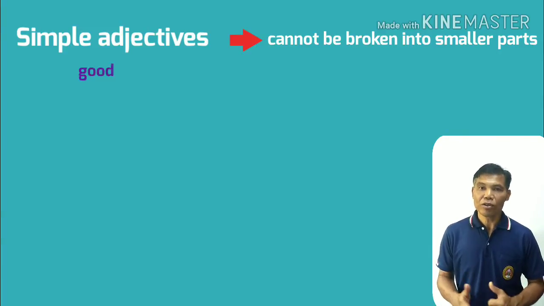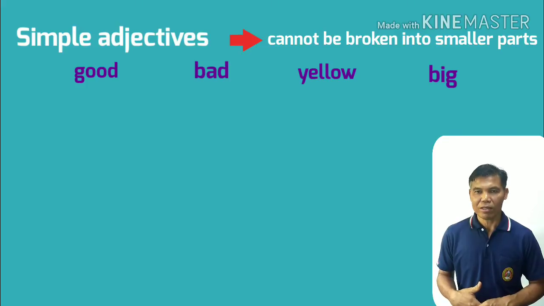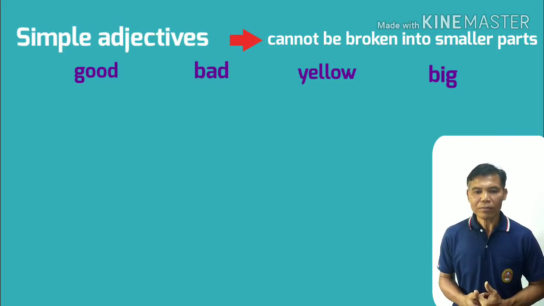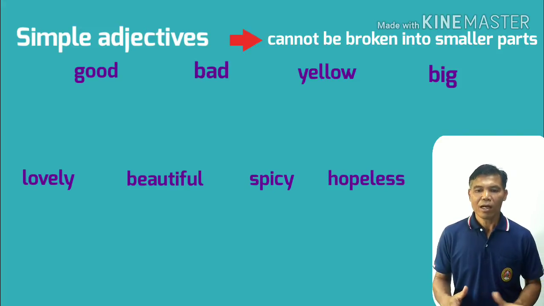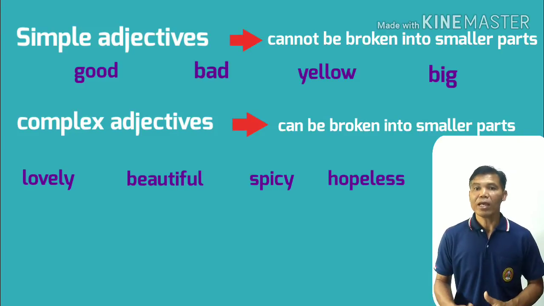Adjectives such as good, bad, yellow, big are simple adjectives because you cannot break this word into smaller parts. But lovely, beautiful, spicy, hopeless are complex adjectives. We can break them into even smaller parts.